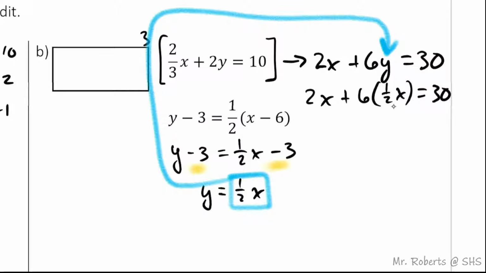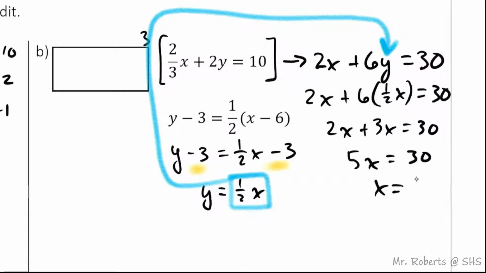Well, 6 times 1/2 x is 3x, so I'm looking at 2x plus 3x is 30. 5x is 30, therefore x is the number 6.